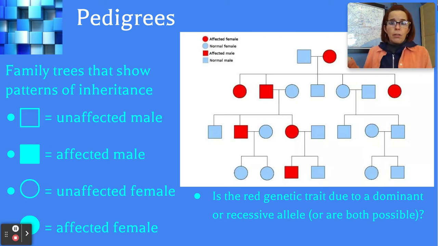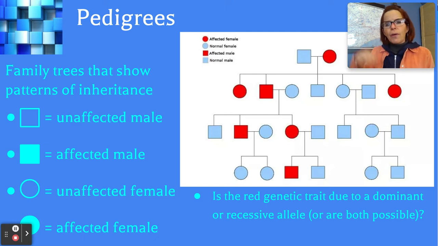So she could be, though. She could be big R, or she could be big R, little r. The husband or the male has to be little r, because he's not showing this dominant trait. So could they have some kids that don't have it and some kids that do have it? Well, yes, they could, because if he's little r, and if she happens to be big R, little r, which is more likely, then they're going to have a mix of kids who have the trait and kids that don't.